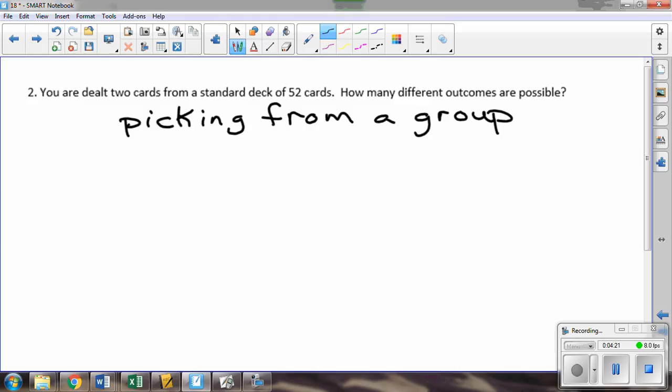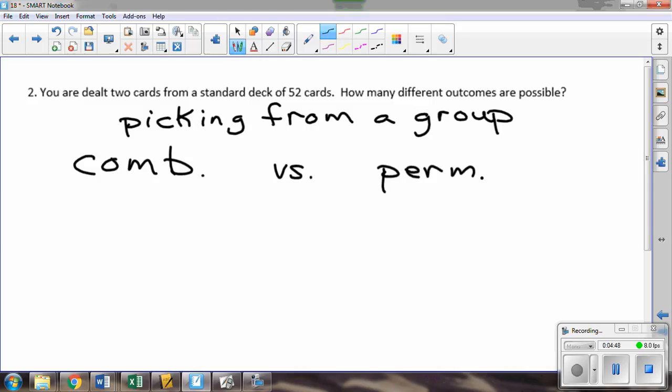Whenever we pick items from a group, it should make us think about combinations or permutations, because that's exactly what combinations and permutations are. It's just a formula that counts out how many ways there are to pick from a group.